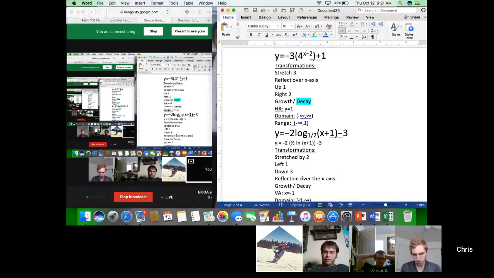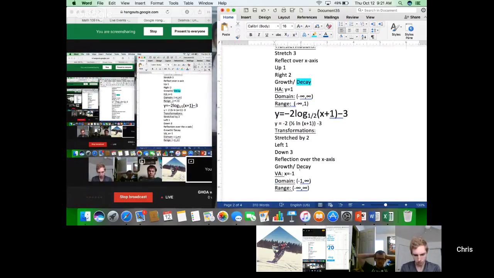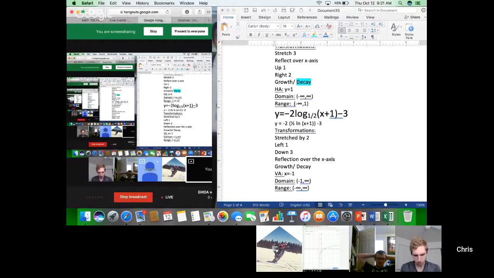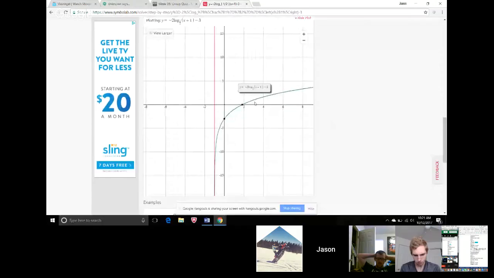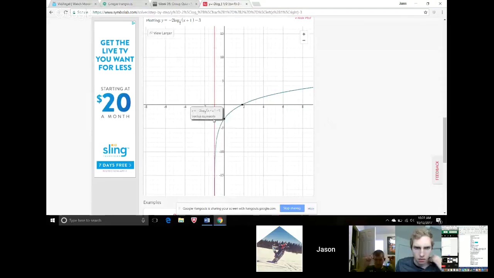Here's the graph if it helps anybody. Yeah, decay. That red line right there is the asymptote. Yeah, it's vertical, so there's no horizontal then. And it's decay, because that 2 is negative. Is this one decay or is it growth? Doesn't this one move to the right?